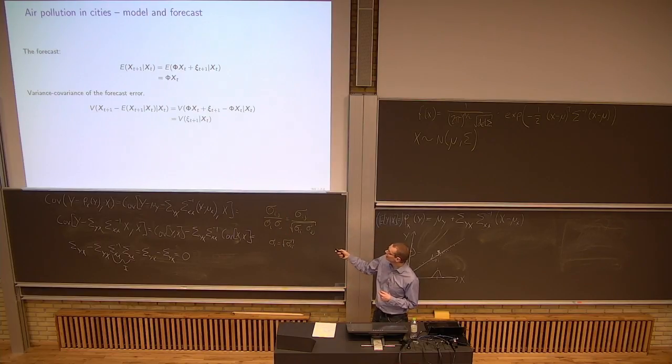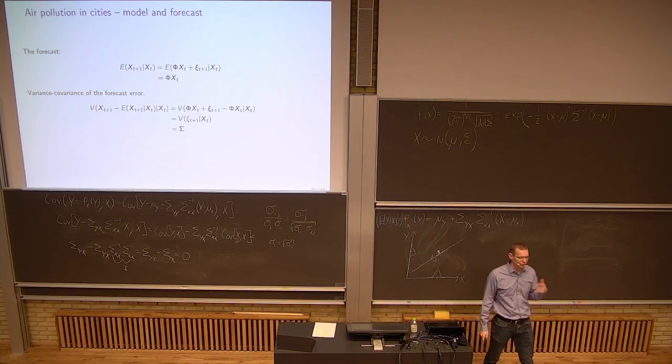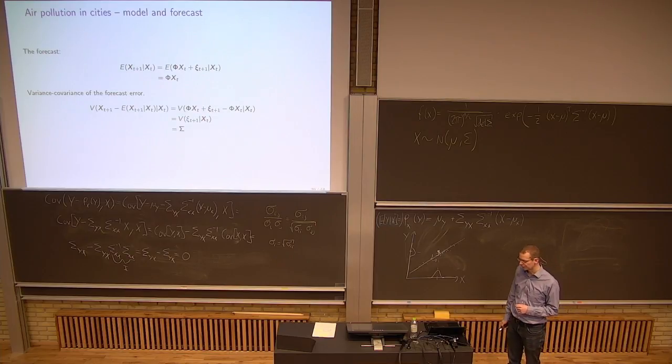And then we see that phi xt cancel out, and we're left with the residual. So we can also do the calculations based on what we did before to just get sigma.